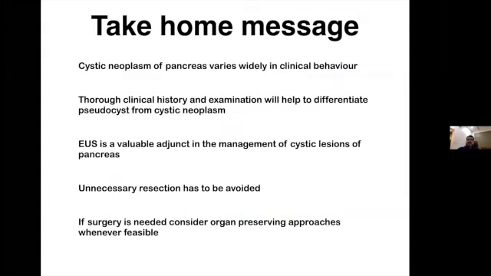EUS is a very valuable adjunct in patients with cystic lesions, and you have to use EUS appropriately. Never use EUS for all patients with cystic lesion where your CT is showing a characteristic of a serous cystic neoplasm, or you can very well exclude an aggressive tumor.